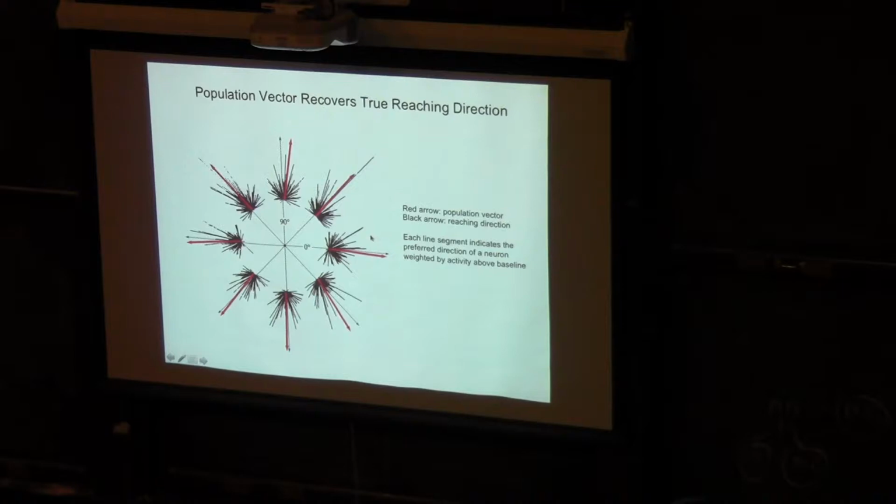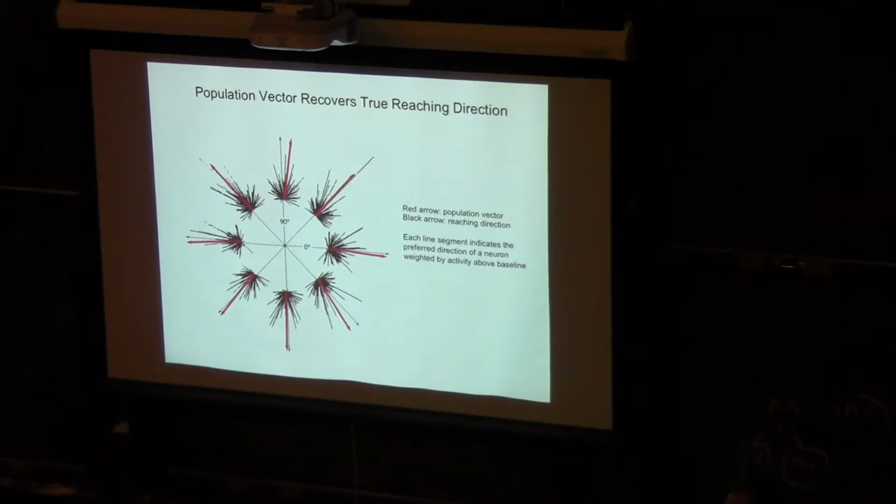This cell is always pointing in the same direction, but the amplitude of the vector is proportional to the activity above baseline. So this is the vector for the same cell: the preferred direction multiplied by activity. Each different case is moving in different directions.